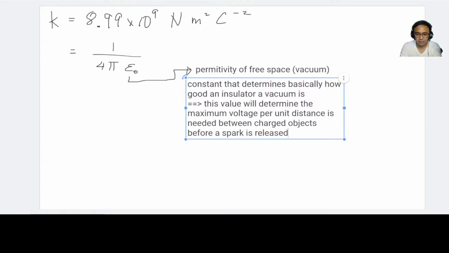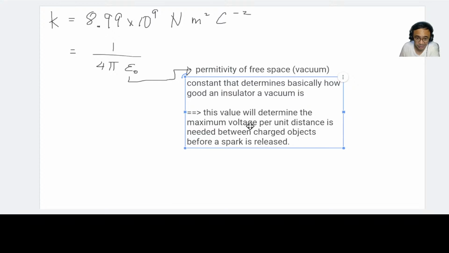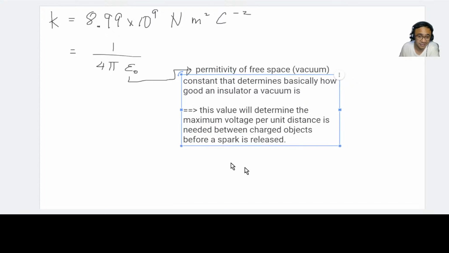Again, this has nothing to do with IB. I just want to put it here to give you an idea what it actually is. So this K is not some random value. It's actually got a physical significance here.